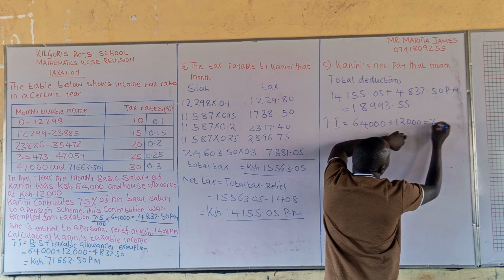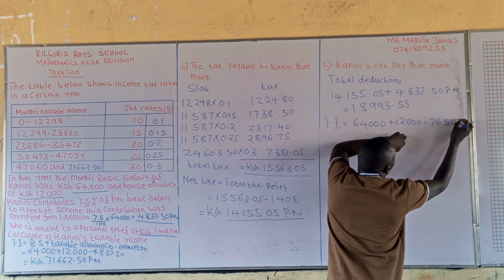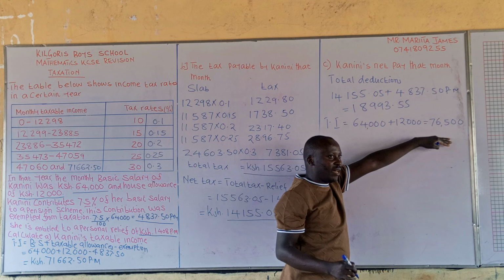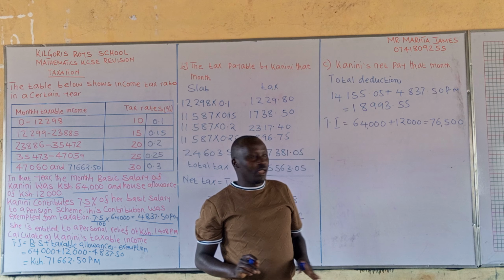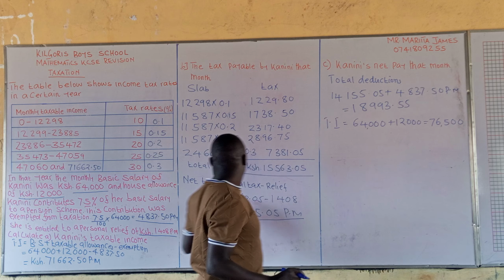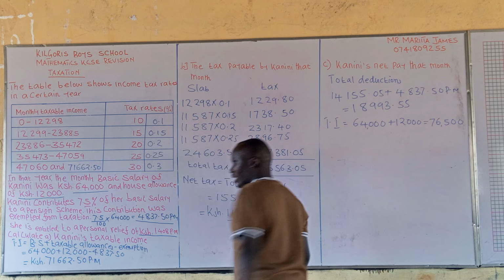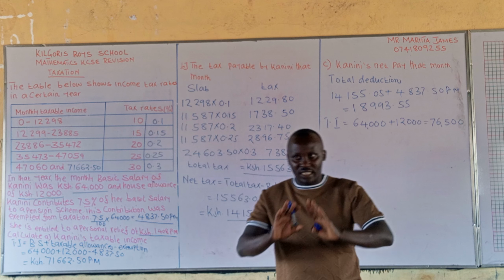So this is the money without an exemption. Remember, an exemption of this 4,837 is not being taxed.